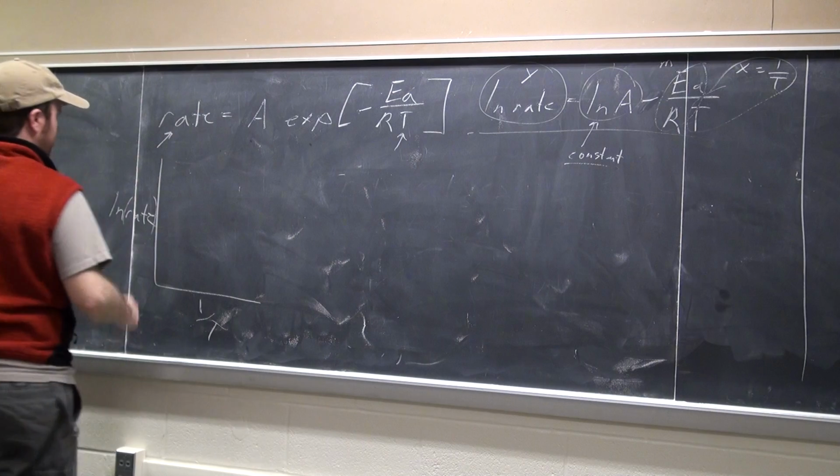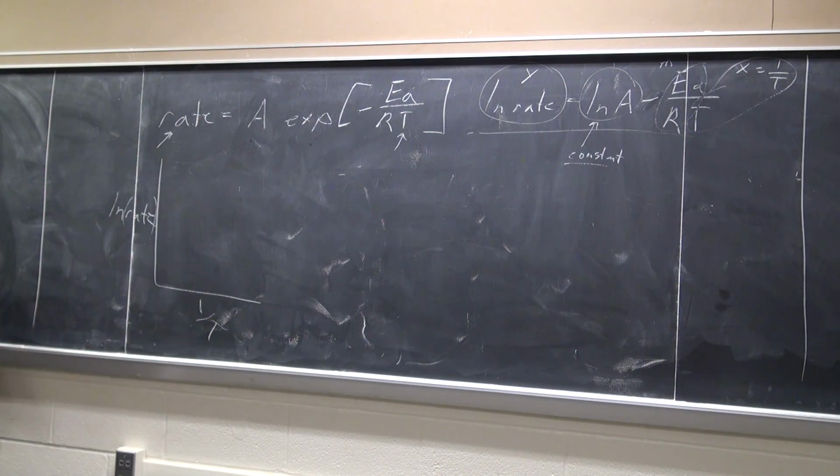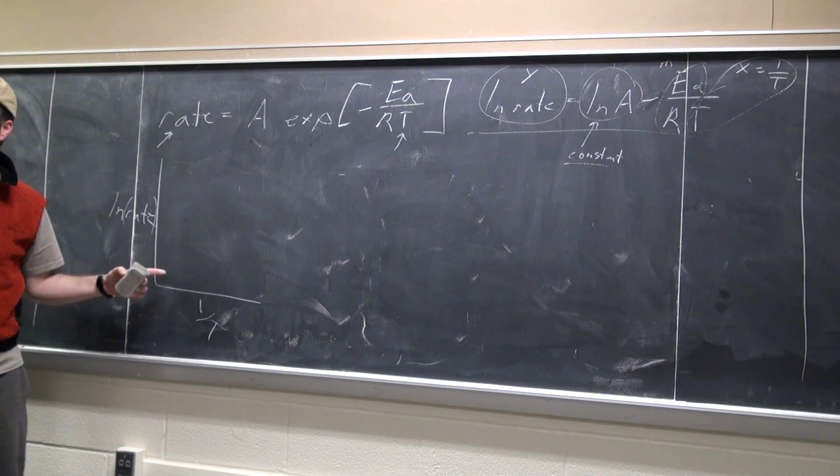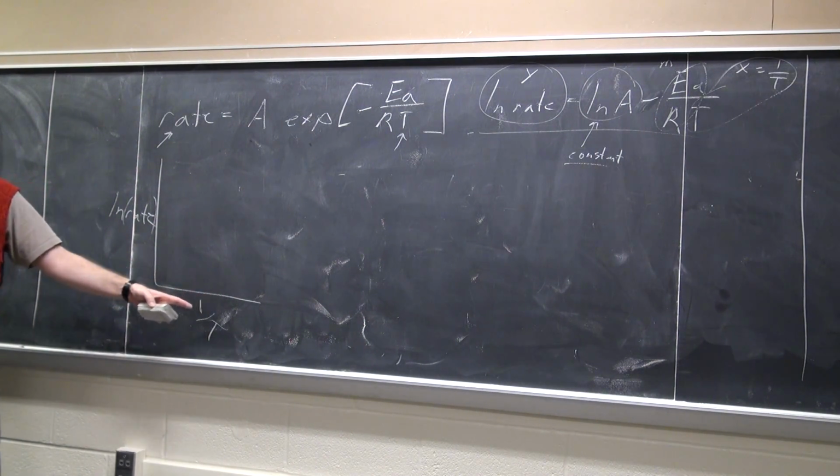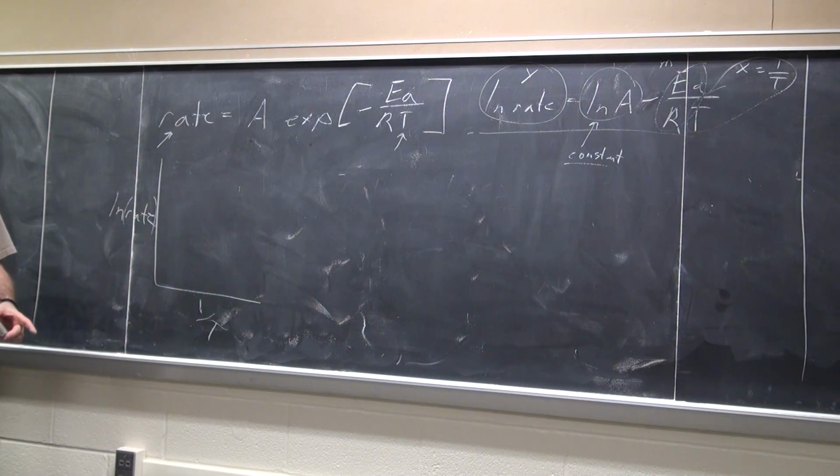And so, which direction is this line going to go? As I increase temperature, which direction am I moving here? Where's high temperature and which low temperature on the x-axis? Go ahead, tell me. It's going to go like this.